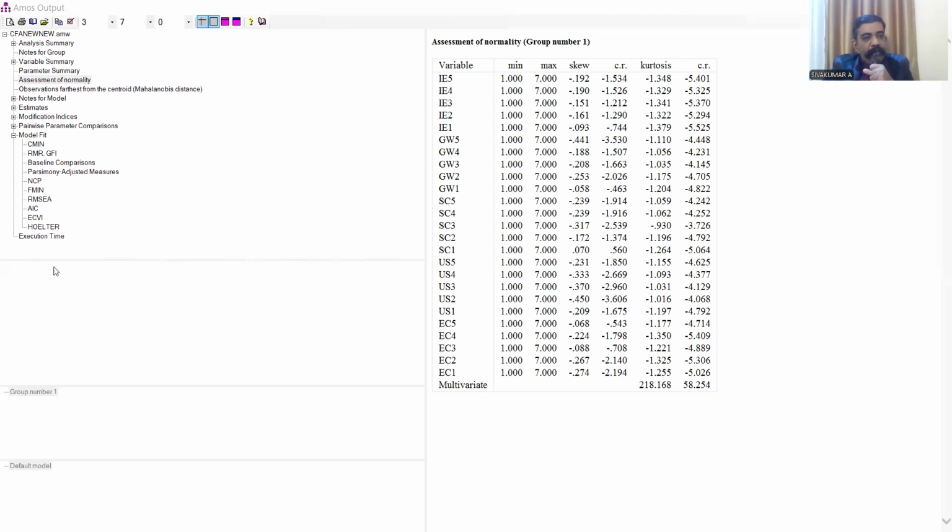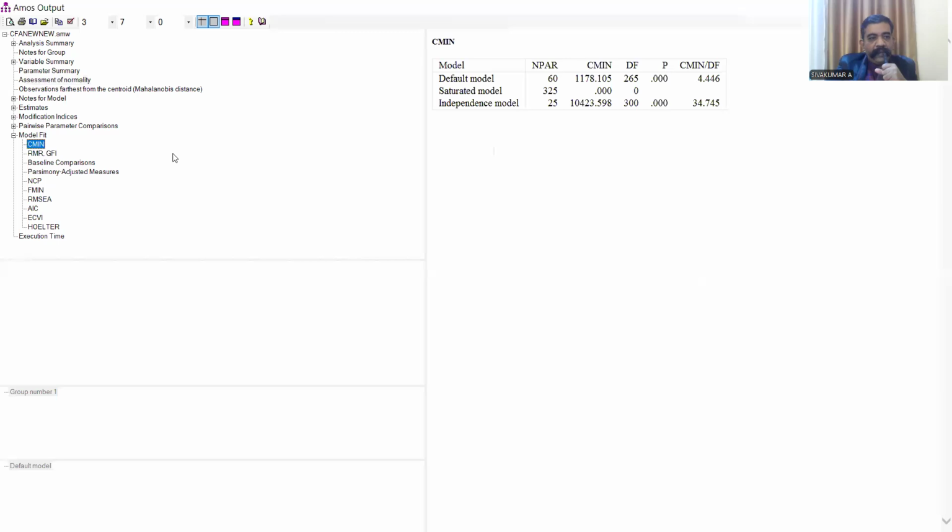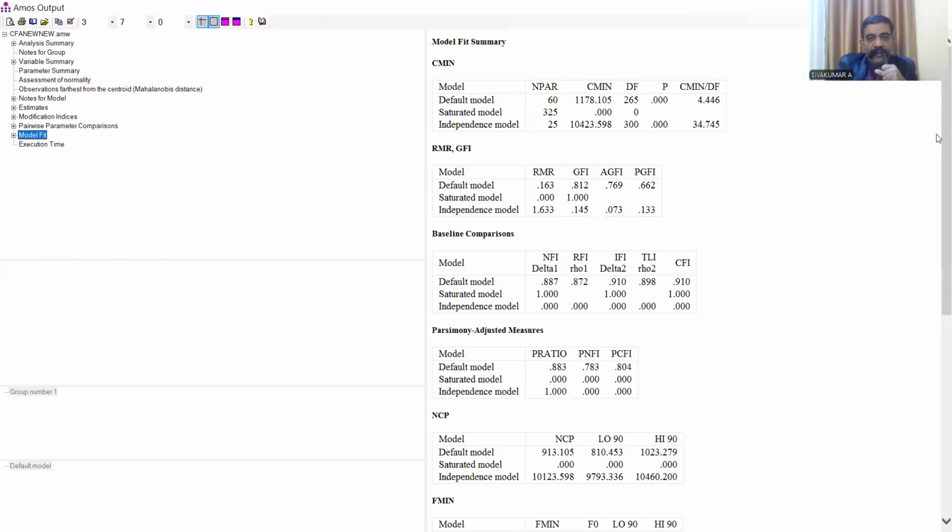On the left-hand side, you can see many menus: analysis summary, notes for group, variable summary, parameter summary, etc. The most important one is model fit. Please click on model fit. Then you can see the different items related to the model fit.